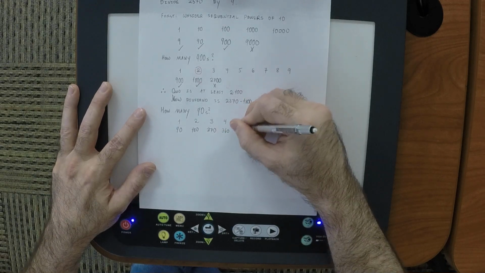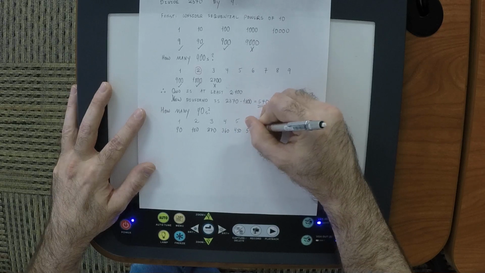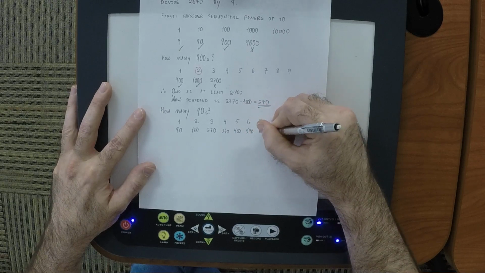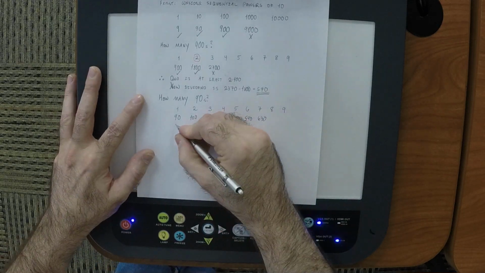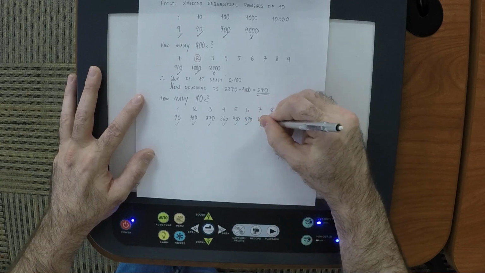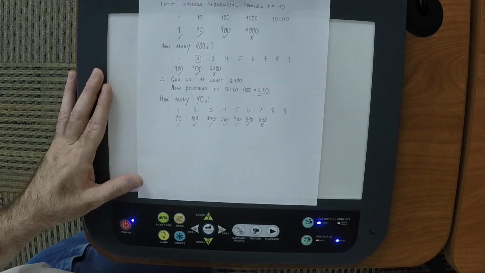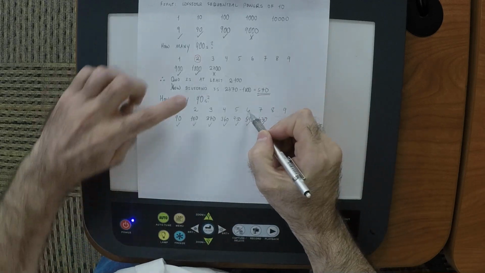Yes. Can we take 450? Yes. Can we take 540? Yes. Can we take 630? No. So we were able to do this, and this, and this, and this, and this, and this, but not this. So what that's saying is we were able to take away 6 90s.